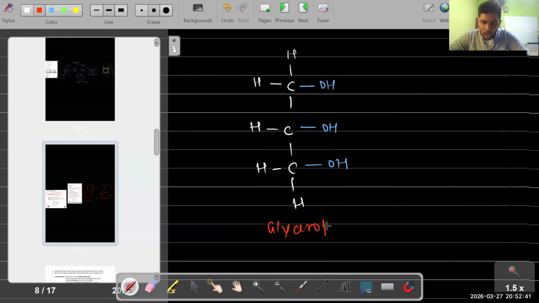Each carbon is attached to how many hydroxyl groups? Listen to the question carefully. Each carbon is bound to how many hydroxyl groups? One. 1, right? Okay. As each carbon is bound to a hydroxyl group, we say it is an alcohol, right?